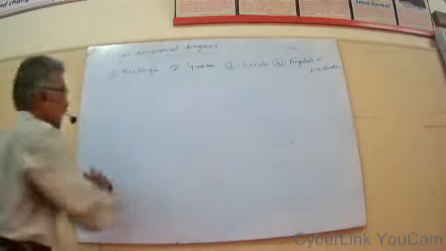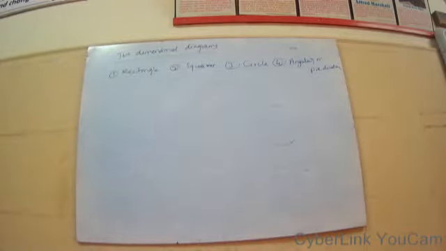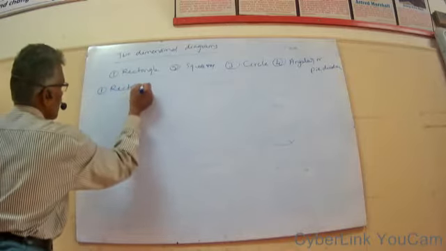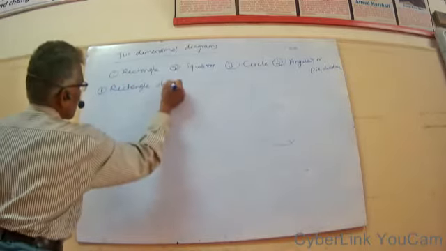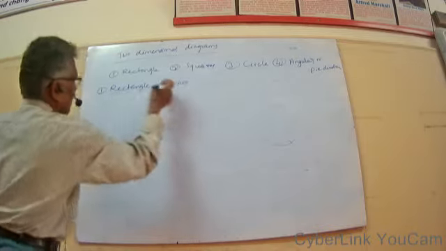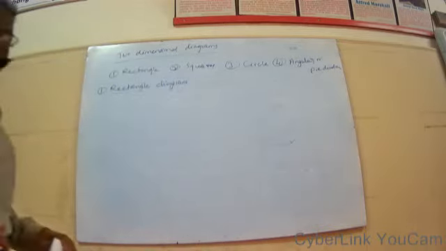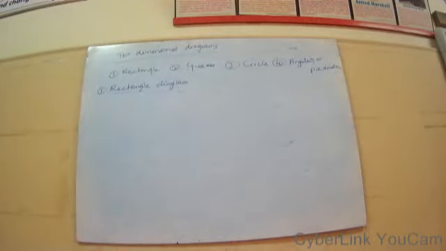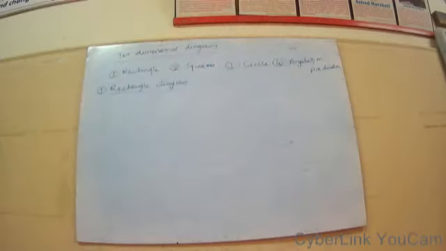First is the rectangle. As the name itself says, whenever you have length and breadth, it is called a rectangle. The rectangle is a two-dimensional diagram because it is based on the area principle. Area principle means, as I said, length and breadth.